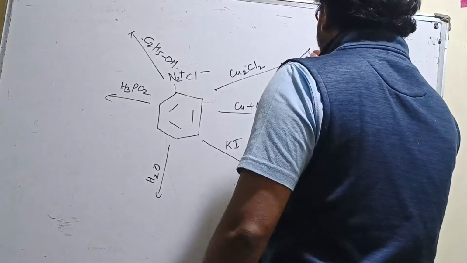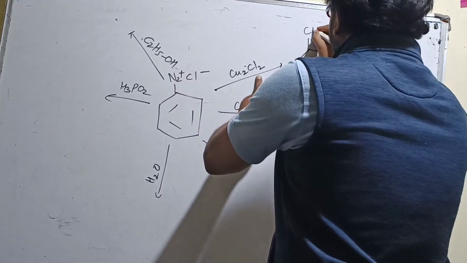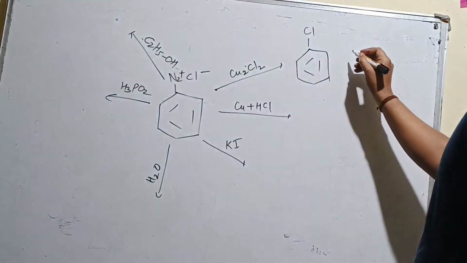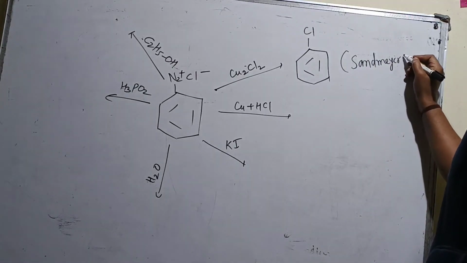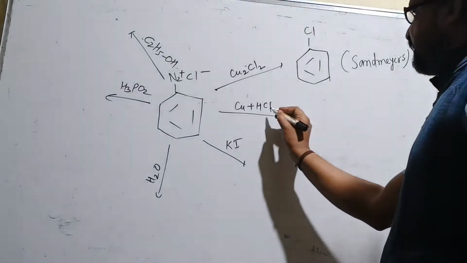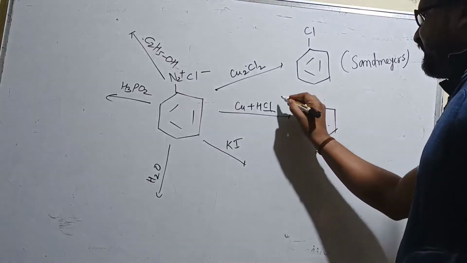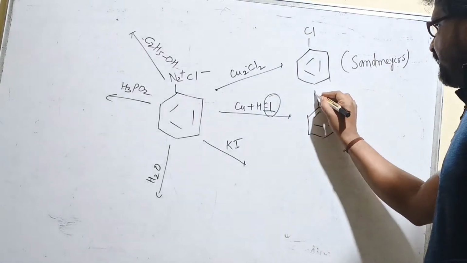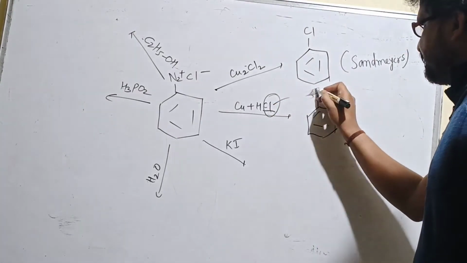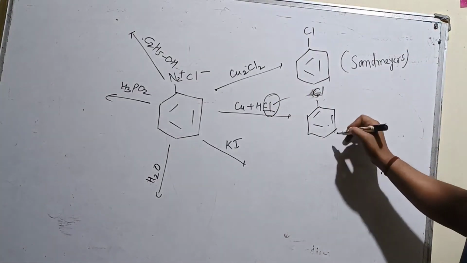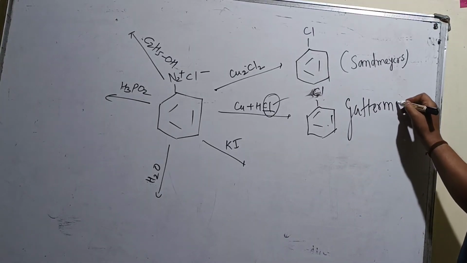N2 will get liberated, and the negative part here is chlorine, so you get chlorobenzene, and this is a name reaction known as Sandmeyer. Then you have the negative part again, and depending upon Cl or Br, you will form chlorobenzene or bromobenzene, and this is known as Gattermann. So this is a quick revision.